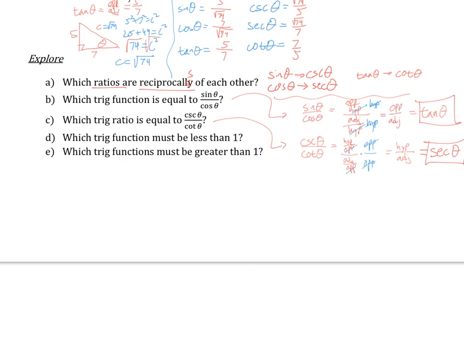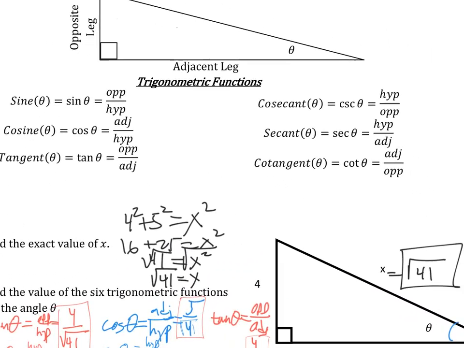Okay? Last little thought here. Which trig function must be less than 1? Well, we know the hypotenuse is always the greatest, the biggest number. If we look here, the hypotenuse is on the bottom, so this is always going to be less than 1 because opposite is less than the hypotenuse.